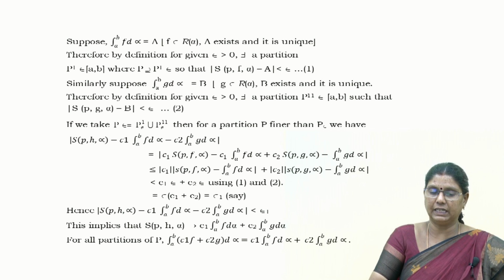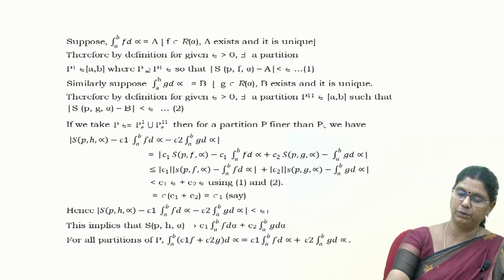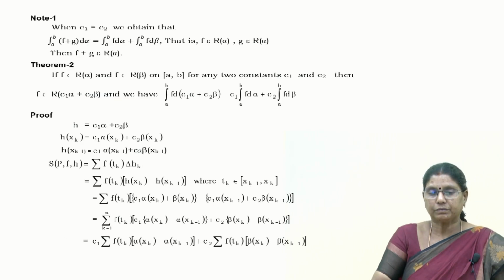Hence, the left hand side is less than epsilon, and this implies that S(P, h, alpha) tends to C1 times the integral from a to b of f d alpha plus C2 times the integral from a to b of g d alpha. Therefore, for all the partitions P, we can write the integral from a to b of (C1 f plus C2 g) d alpha is equal to C1 times the integral from a to b of f d alpha plus C2 times the integral from a to b of g d alpha.